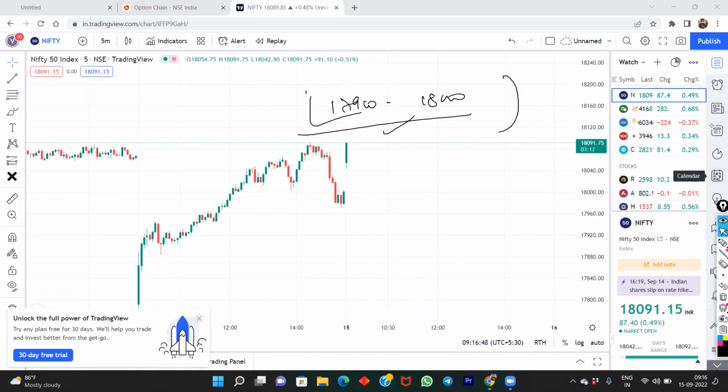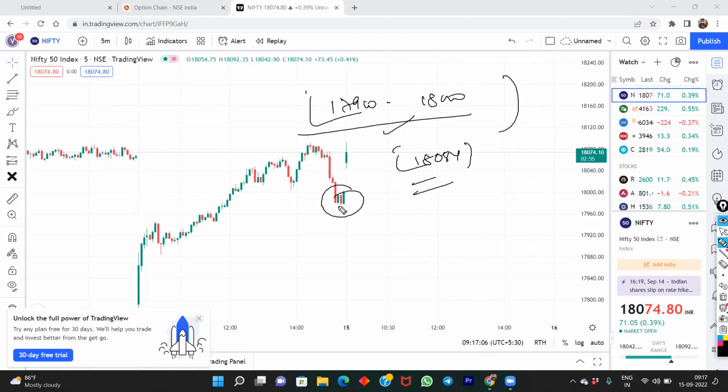So above 17,900 and below 18,000. Nifty is opening near around 18,054. So you can clearly see, as our market prediction, the market closed at this position, 17,960, as the market opened a little gap up. So this way you can find the gap up or gap down strategy by using the option chain.